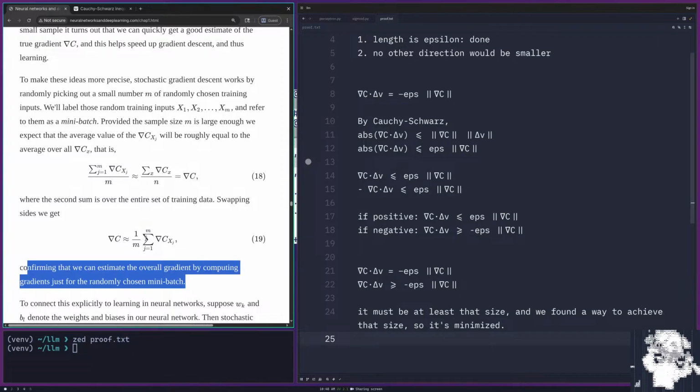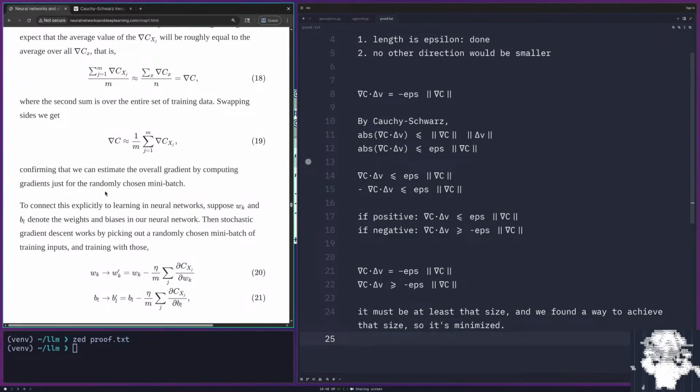That kind of makes sense, confirming that we can estimate the overall gradient.